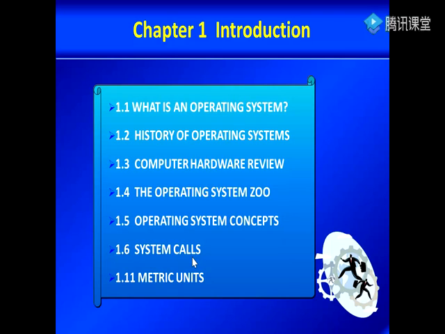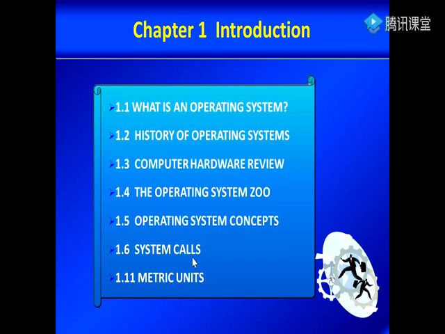If CPU is in kernel mode, it means the program or the software or the code running in CPU has the permission to execute all the instructions of the machine instruction set.